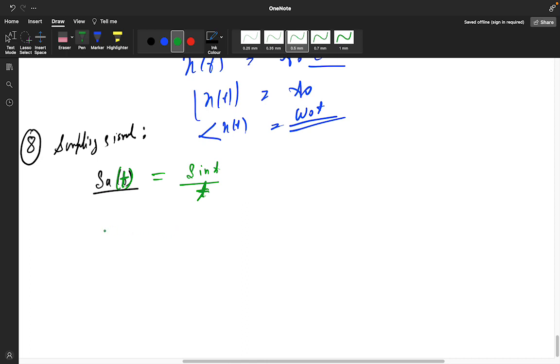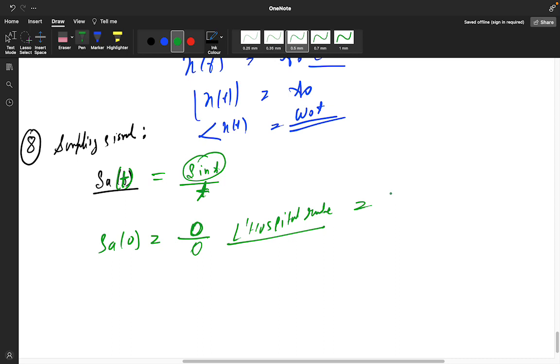So what will be the sampling of 0? Sin 0 value is 0 and t is 0, so 0 by 0 is coming. Is this defined? No. We need to use L'Hospital's rule. What does L'Hospital's rule say? When you get a 0 by 0 form, you have to differentiate the numerator and denominator with respect to t. So d sin t by dt and dt by dt.